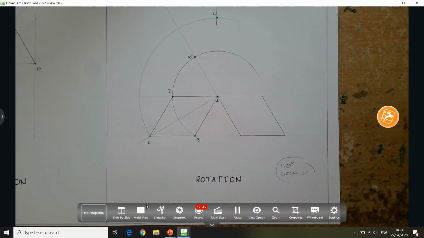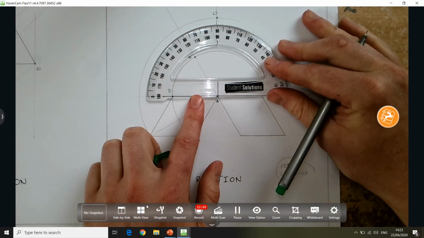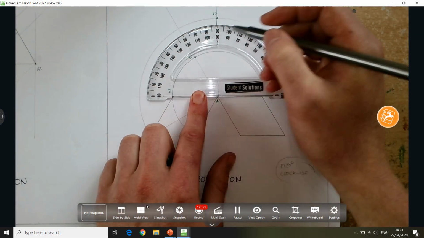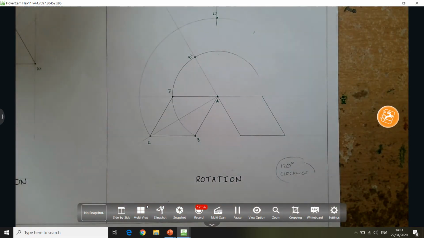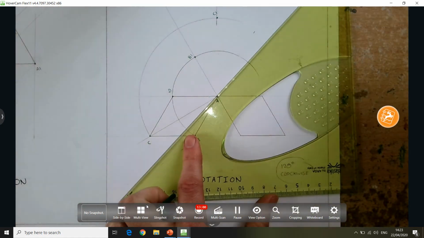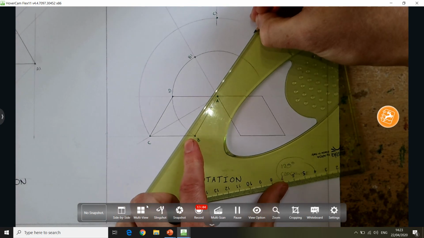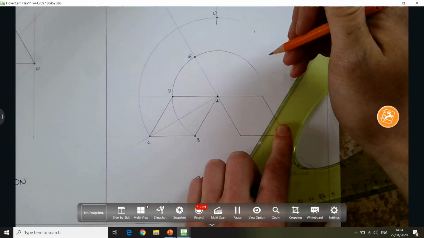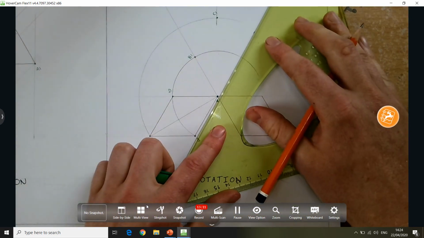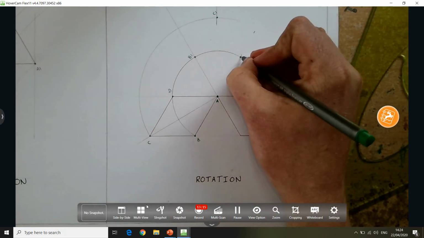And then to get D, again, protractor on the centre at A, 0 at D, you're measuring across 120, which is that mark there, and I'm going to take that down to meet the correct line for D, which is going to come down there. Okay, so that is D1.